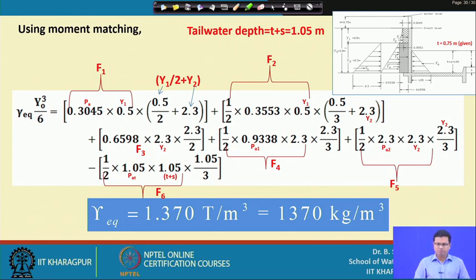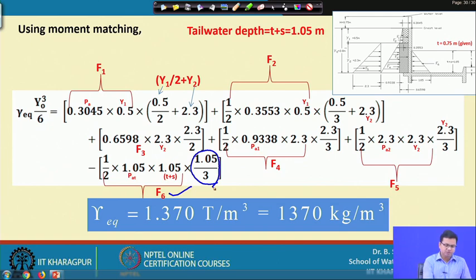After summing the total moment, you can see the negative pressure because of tail water is given by F 6, that is half into 1.05 into 1.05 into 1.05 divided by 3, and this is the distance of the center of gravity from the bottom of the foundation, or the x x axis.